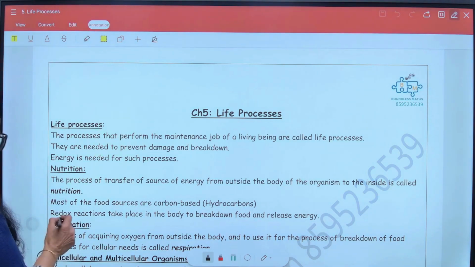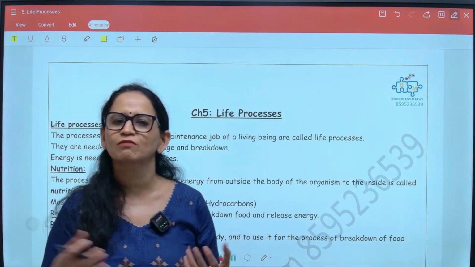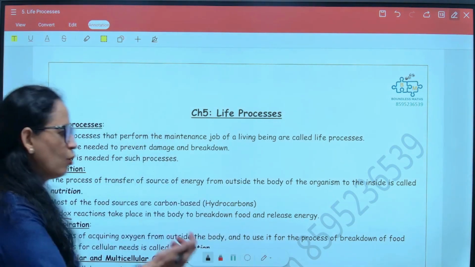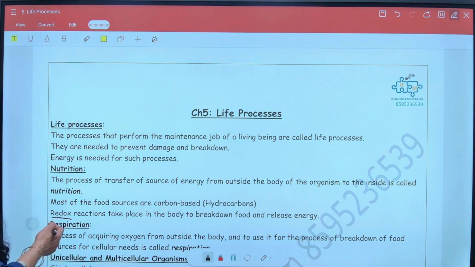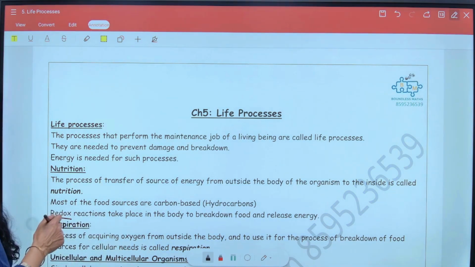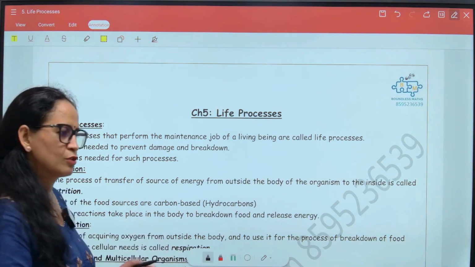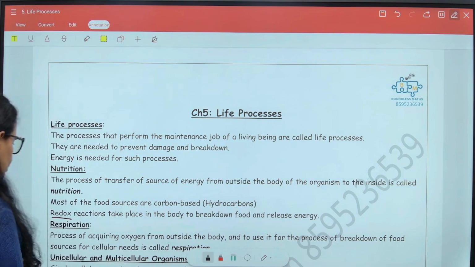Now there are lots of redox reactions that take place inside our body to break down this food to give us energy. We already talked about redox reactions in chapter 1, Chemical Reactions and Equations. If you have not watched the video, you can watch it to understand more about redox reactions. These are the reactions that involve reduction and oxidation together in the same reaction.